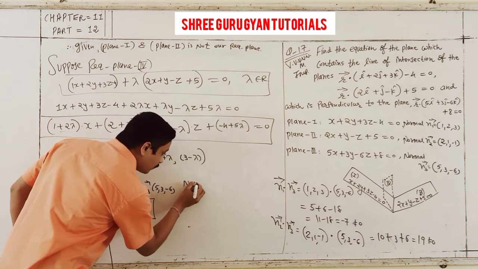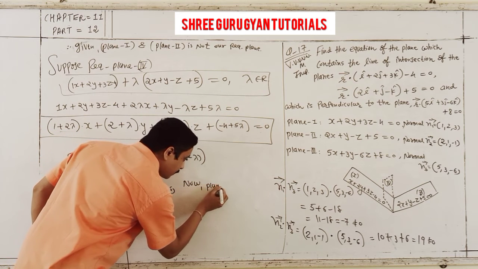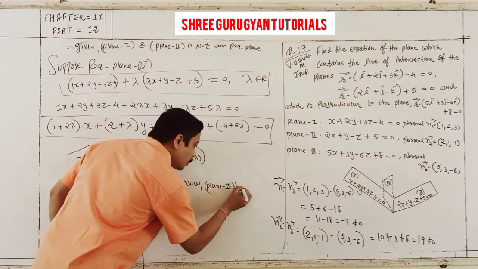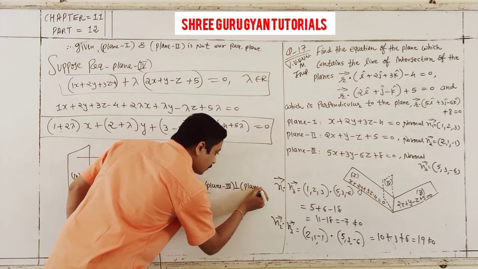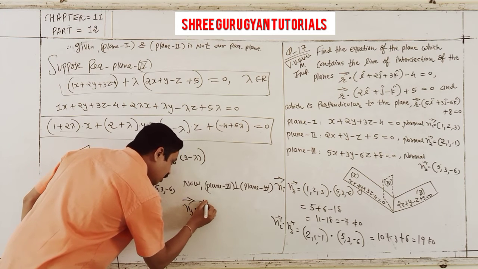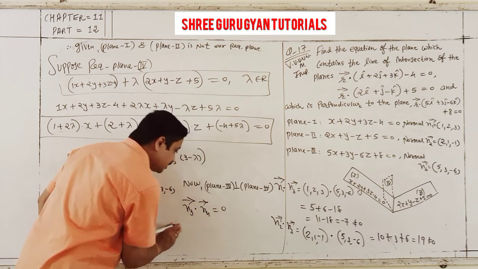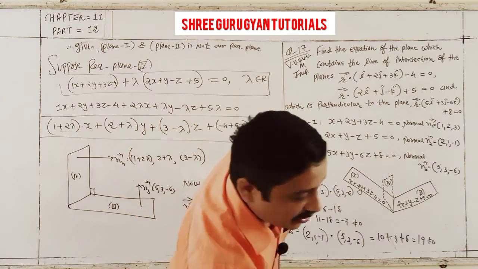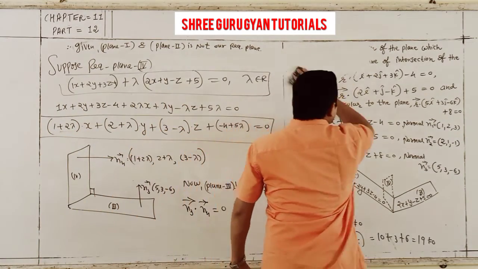So now plane 3 perpendicular to plane 4, it means N3 dot N4 is equal to 0, and apply the dot product. You simply create the value of lambda here easily, students.